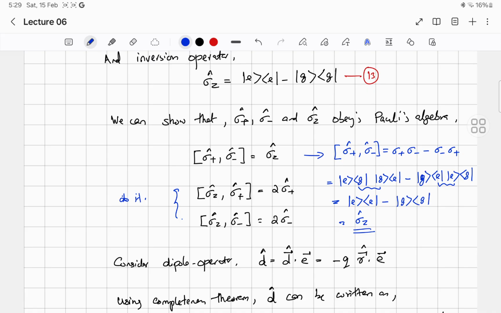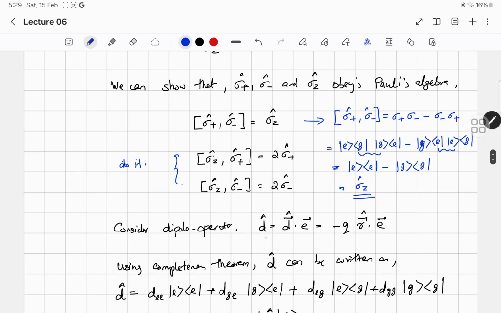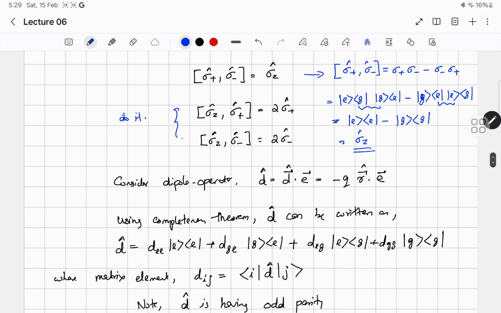It is called the spectral theorem, we can expand it. If you consider the dipole operator, it is D dot E, that is, minus Q R dot E. It contains the position vector R, and therefore the dipole operator has odd parity. Keep that in your mind.